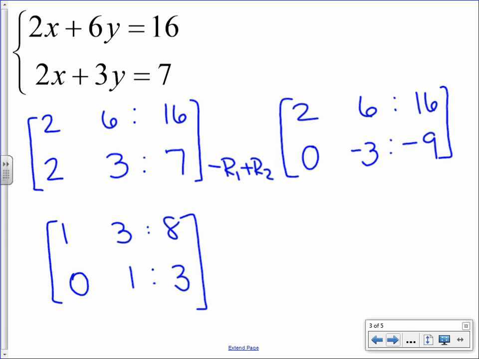So when you want something to be a 0, we're going to have to combine 2 rows together. So if we multiply this one by a -3 and add it to row 1, what would row 1 become? 1, 0, -1.